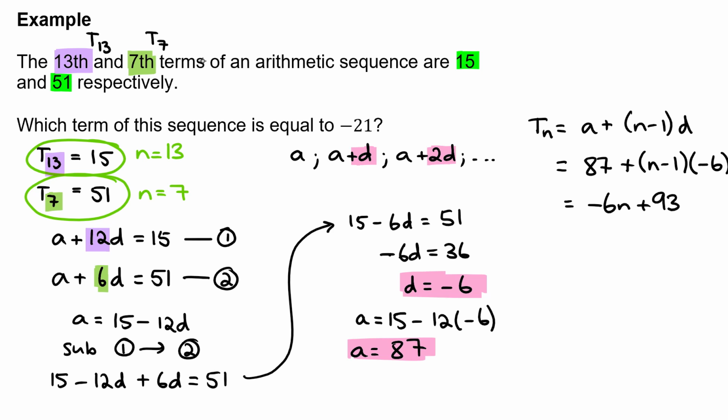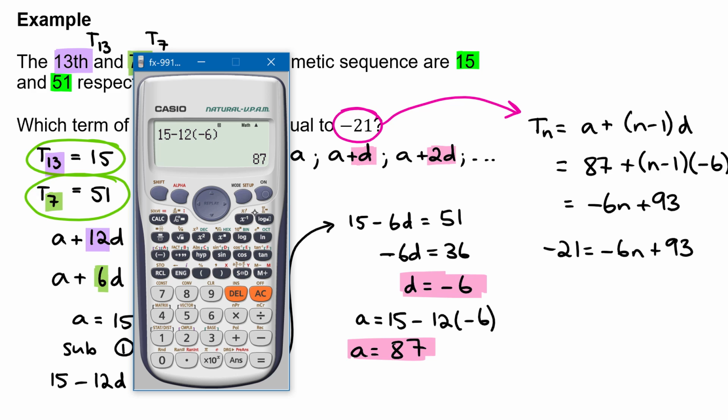And so the term that is going to equal negative 21 that it's asking for is where we go and make Tn negative 21. And again, the reason for that is because it's asking which term will have a number equal to negative 21, not which term has a position negative 21. And the fact that it's negative again tells us it cannot be the n value. So there we've got that negative 21 is equal to minus 6n plus 93.